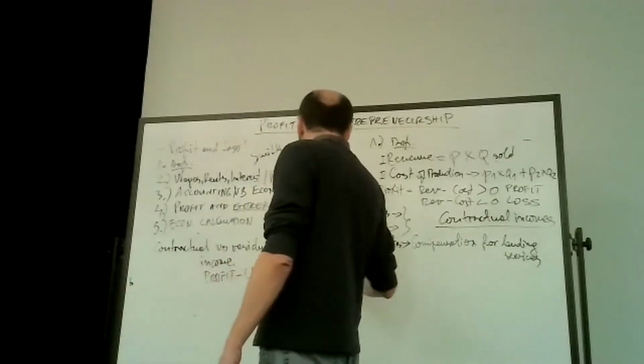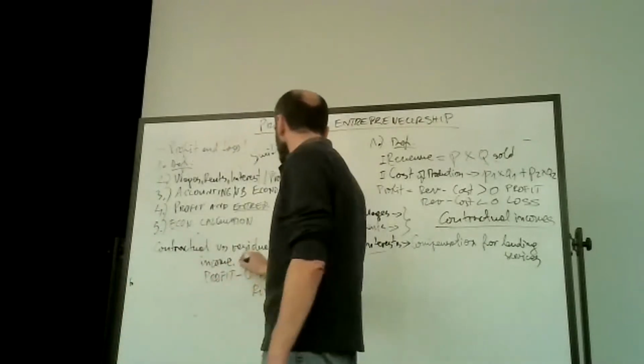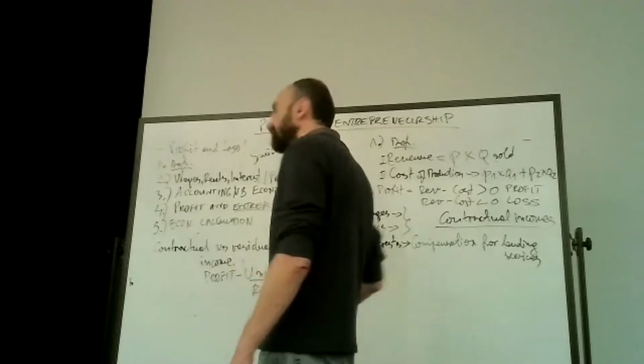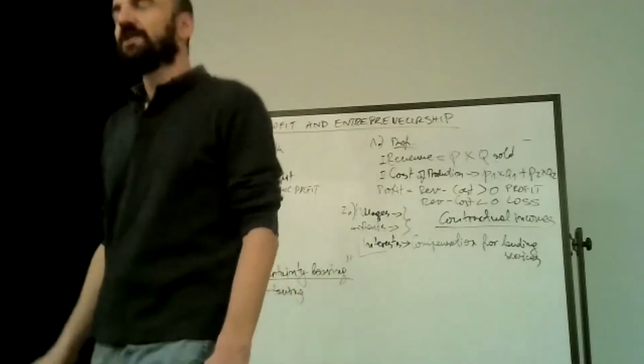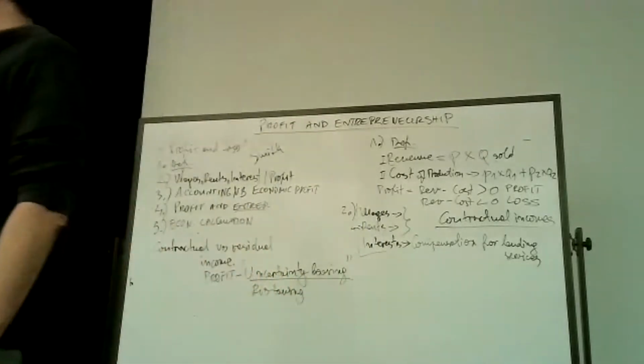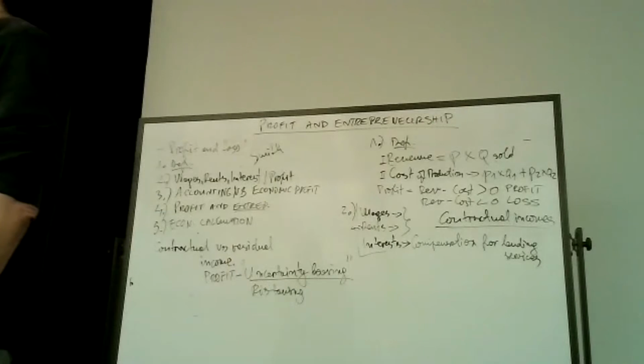I'm using the term uncertainty bearing, which is a better and more precise term. Why? Because risk is a type of uncertainty that could be, at least in principle, mathematically modeled and predicted.